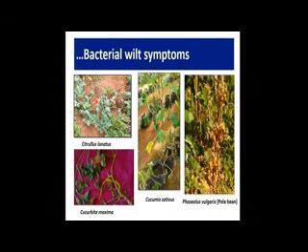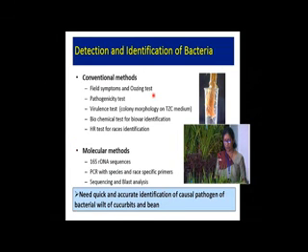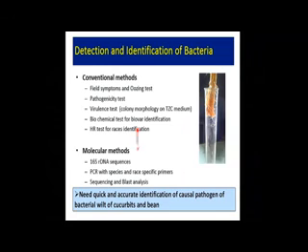When we come to the detection and identification of the bacterium, we can use conventional methods: initially field symptoms and ooze test, pathogenicity test, virulence test, biochemical and HR test. We can also use 16S DNA sequences using PCR with specific primers.